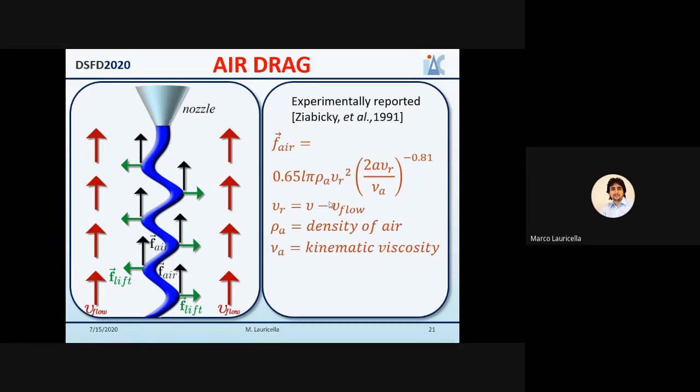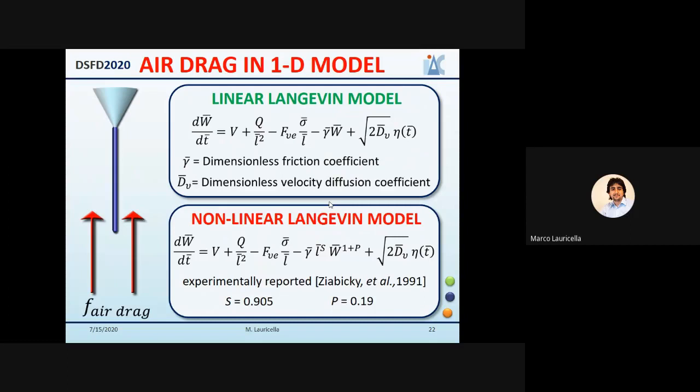viscosity. So by doing a bit of mathematical tricks, converting to dimensionless parameters and variables, we can obtain a stochastic differential equation of the velocity that shows the form of a nonlinear Langevin stochastic equation.